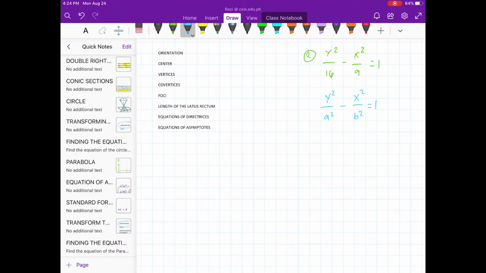This means that the graph of this equation is a hyperbola that is vertically oriented. Our center is the origin, which is (0, 0). Also, this means that we will obtain the same values for a, b, and c as in the previous equation.